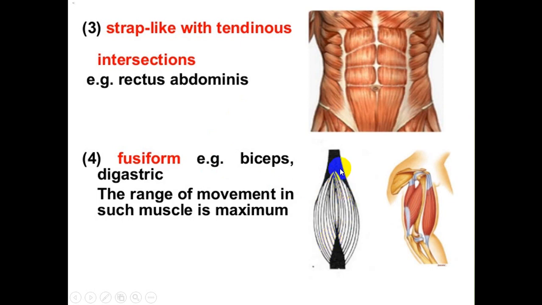They converge on both ends, giving the spindle shape or fusiform appearance, with proximal and distal attachments which are usually tendinous. For example, biceps brachii and triceps brachii in the upper limb, and digastric in head and neck.